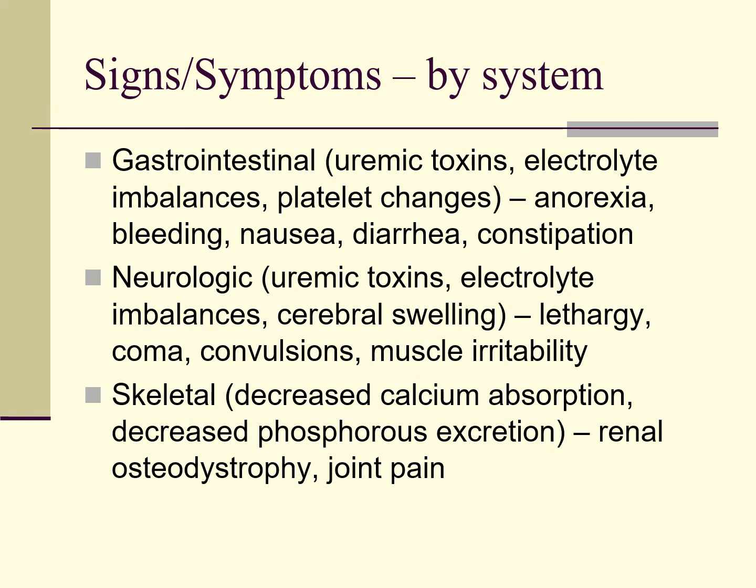Here's our GIs: nausea, diarrhea, constipation, anorexia. In our neurologic, if severe, and they could have convulsions as well. Skeletal, they do tend to have osteoporosis.